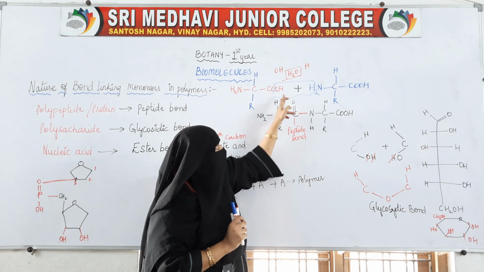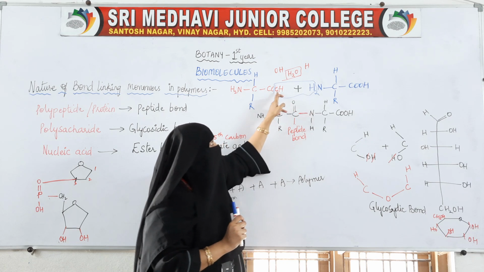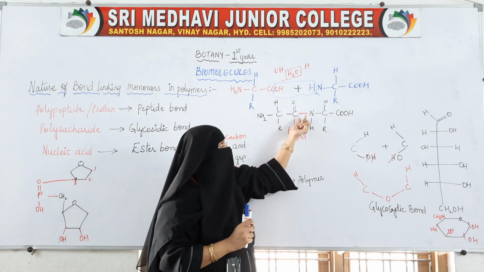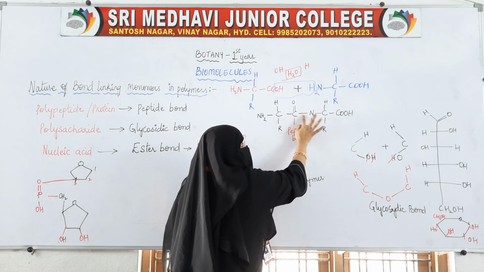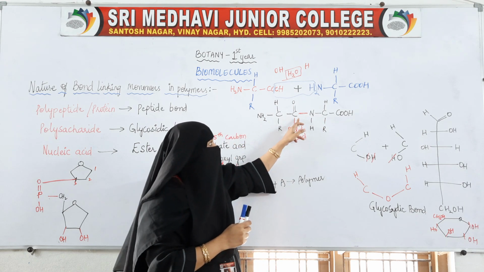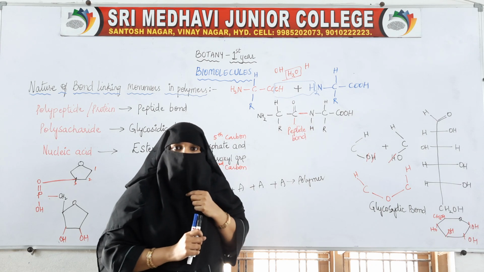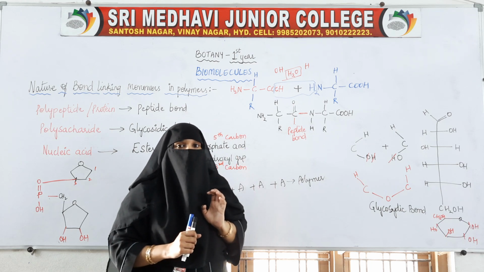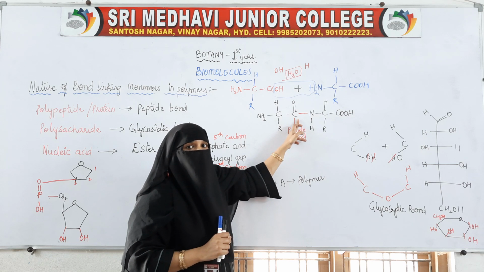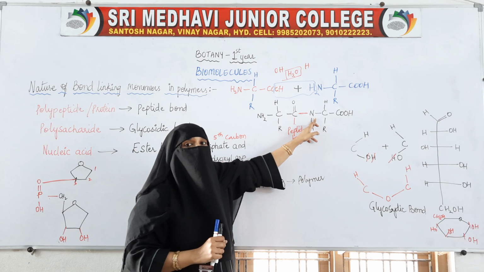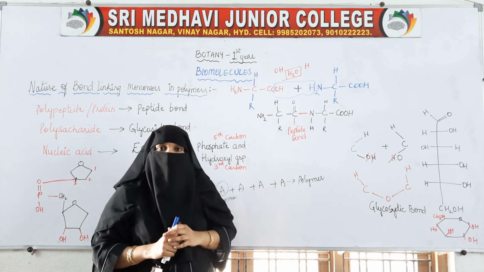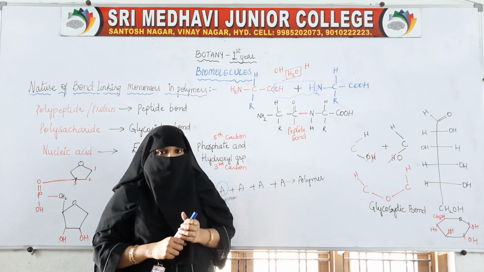So the H and the OH have been removed in the form of a water molecule, and the bond is formed between this carbon and nitrogen. This bond, formed by removal of water between the carbon of one amino acid and the nitrogen of another amino acid, is called the peptide bond.